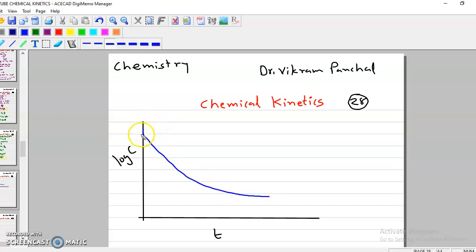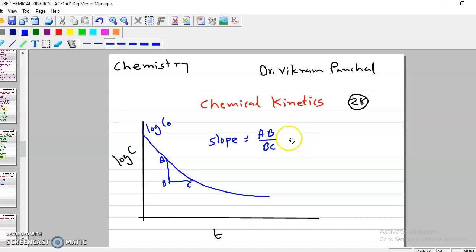Okay, and this is the intercept, which we call log C0, the initial concentration, and this will be the slope. So A, B, C, and therefore slope is equal to AB upon BC.